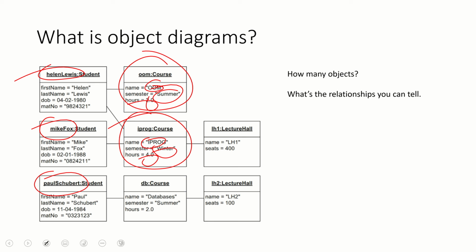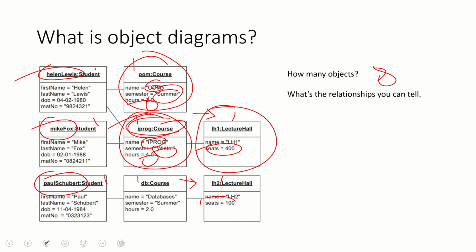And for the courses here, they also link with different lecture halls. So here for the winter IPROG, we know the different classroom, for this one the classroom over here, and we know the seat and seat. So basically, we just count how many objects we have: 1, 2, 3, 4, 5, 6, 7, 8, right?